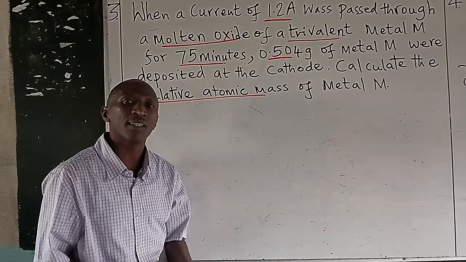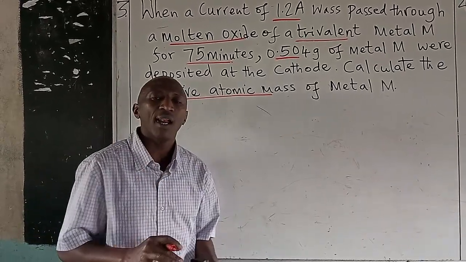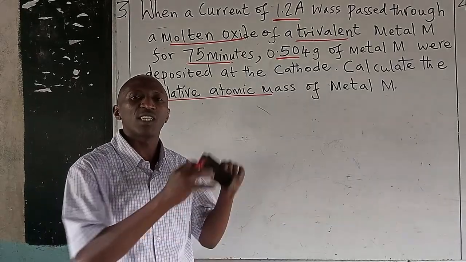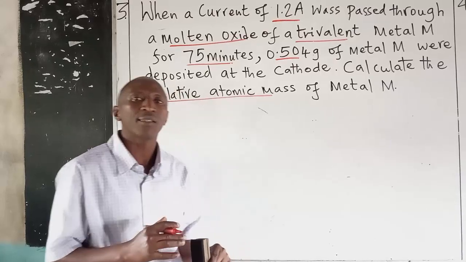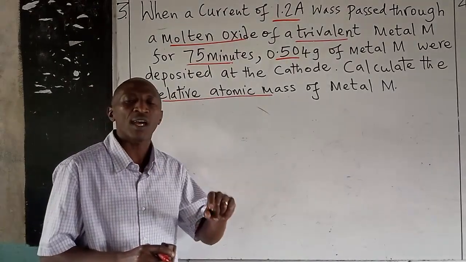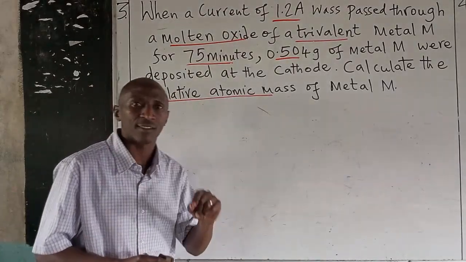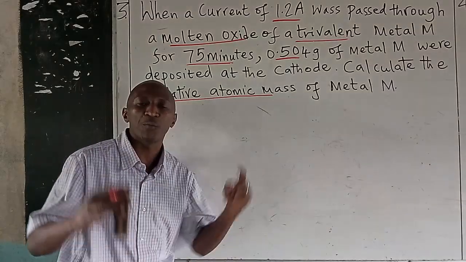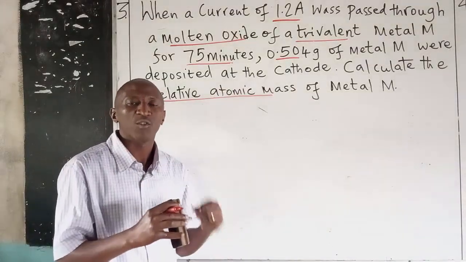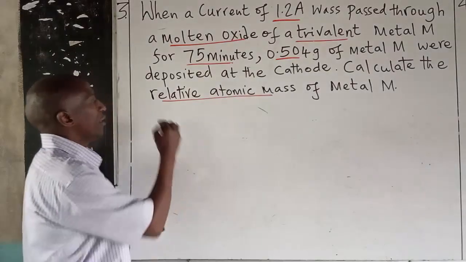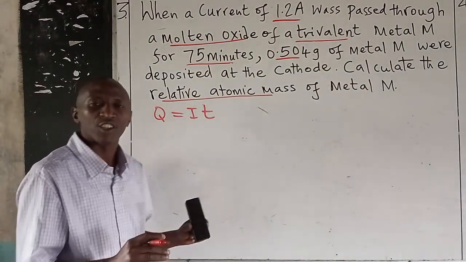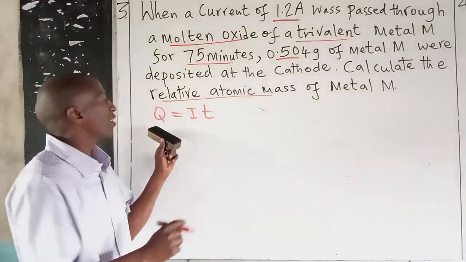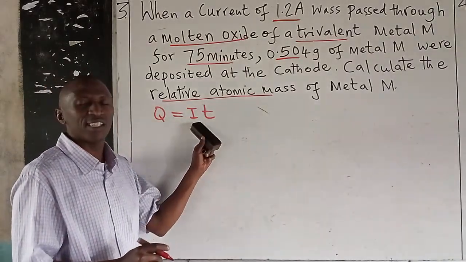You are free to tackle the question from either angle. There is no defined criteria on where we should start, but we should be able to piece all the items together. So number 1, let us calculate the quantity of charge passed, and that requires Q is equal to IT.